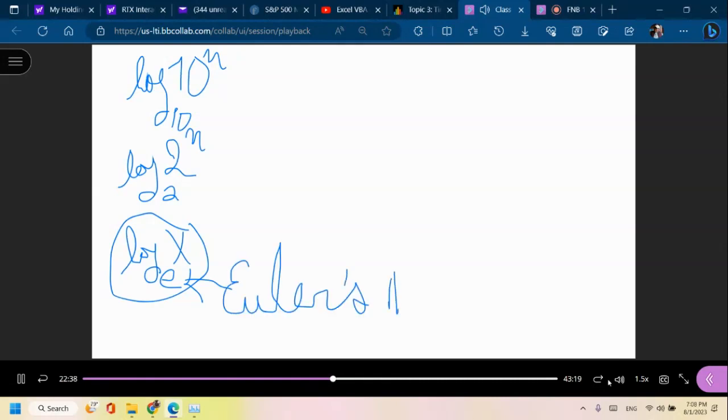Now, some people pronounce it as Euler, but that's not right, because Euler was a German mathematician around the 17th century, and two of the big names that gave birth to modern math are Euler and Gauss.